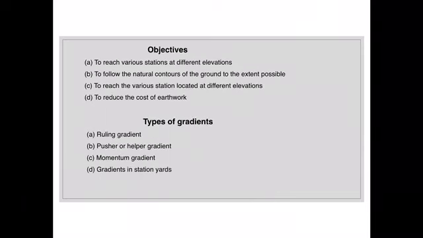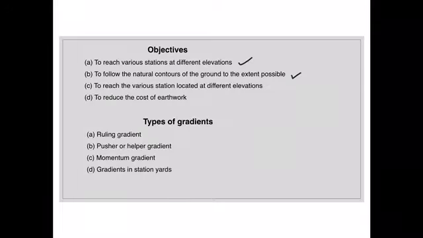Now first we'll discuss the objectives of providing the gradients. The gradients sometimes have to be provided to reach various stations at different elevations, and we may have to follow the natural contours of the ground to the extent possible. This avoids the earthwork, that is cutting and filling, required in the construction of the railway track.